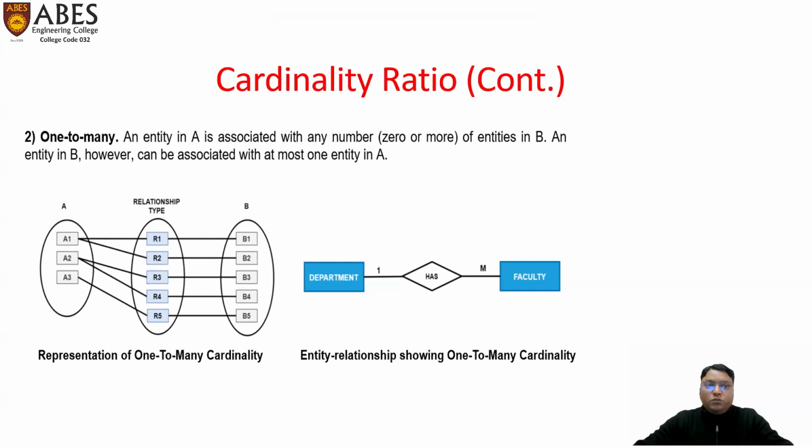So there is a one to many relationship, and it is shown by the diagram where set A represents department, set B represents faculty, and relationship instances R1, R2, R3, R4, R5 represent the has relationship. So a department has n number of faculties.